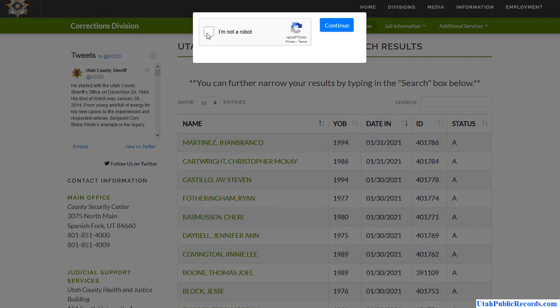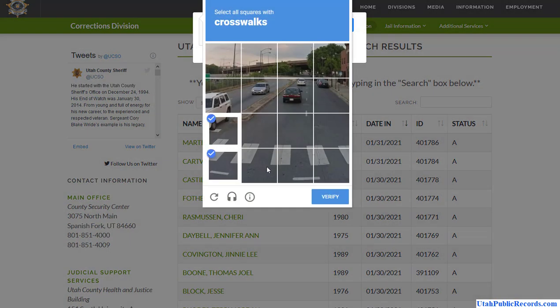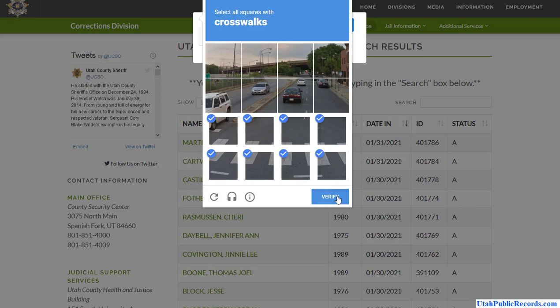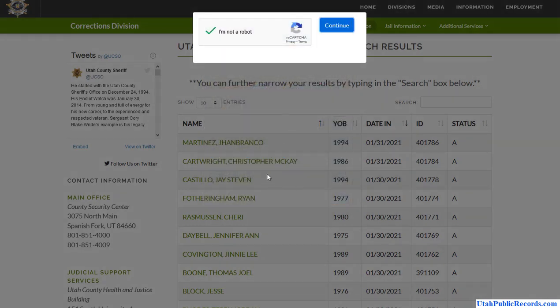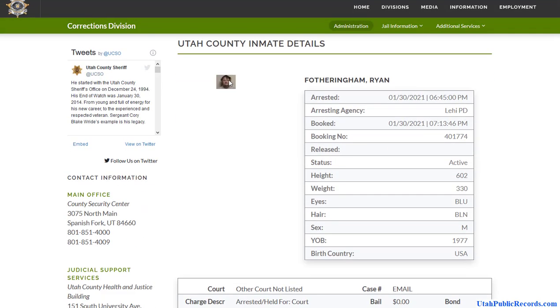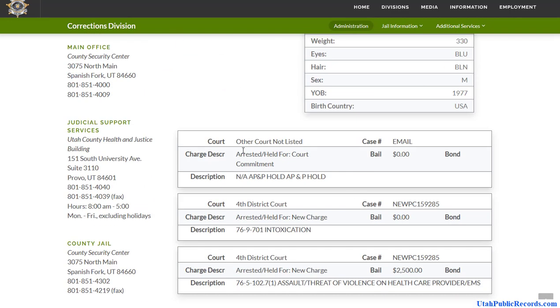Like in this situation, it's going to be slightly different here. And what you'll get in one county is not necessarily going to be the same thing that you'll get in another. So like here, you do get a small mugshot, not too big, but identifying information, and then you have your charges.